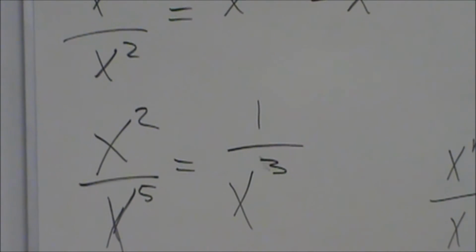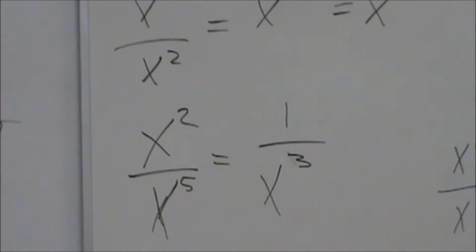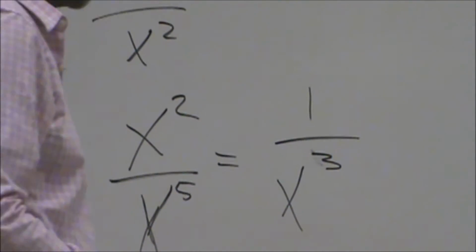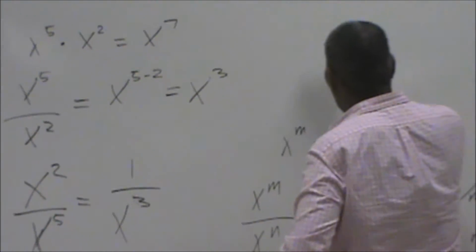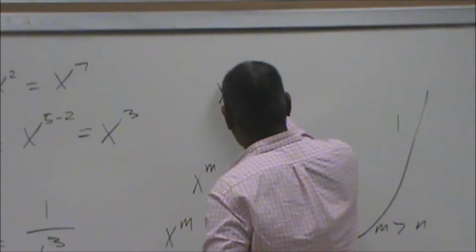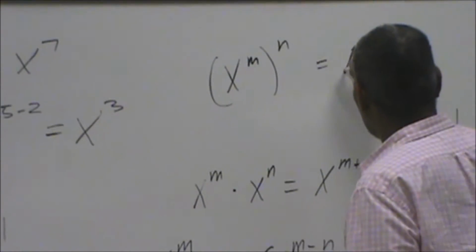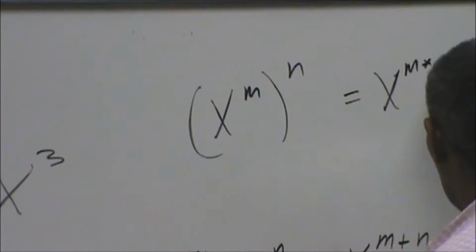Now the only time you multiply exponents is if the exponent itself is raised to an exponent. So in other words, if we have x to the m raised to the nth power, then this becomes x to the m times n.